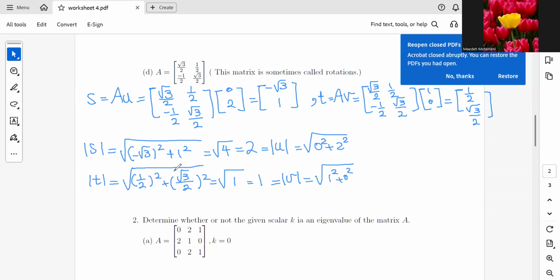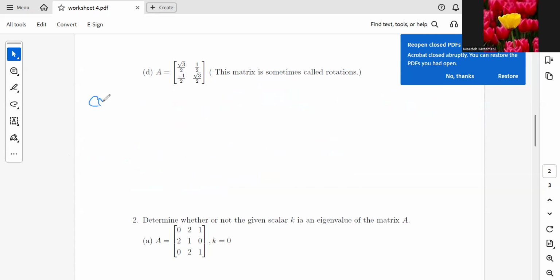Let's talk about the angles. So let me erase these and continue with finding the angles. For the first one, we're going to find the cosine, because cosine helps us to find the angle of s and u. That would be s times u over the length of them multiplied together.